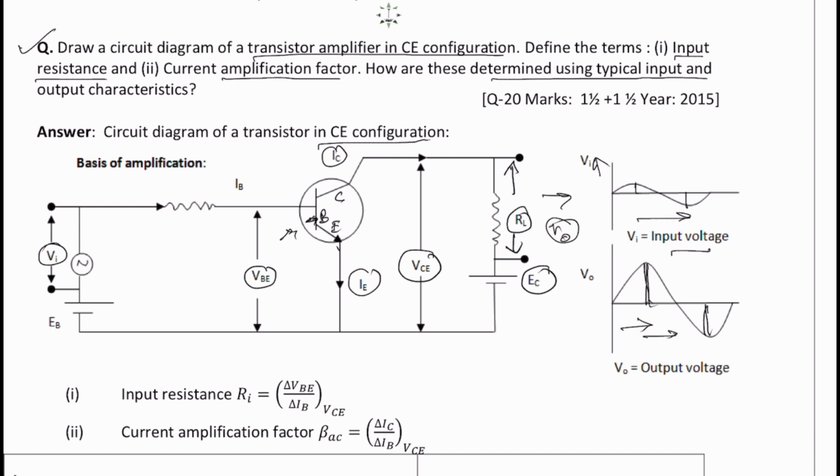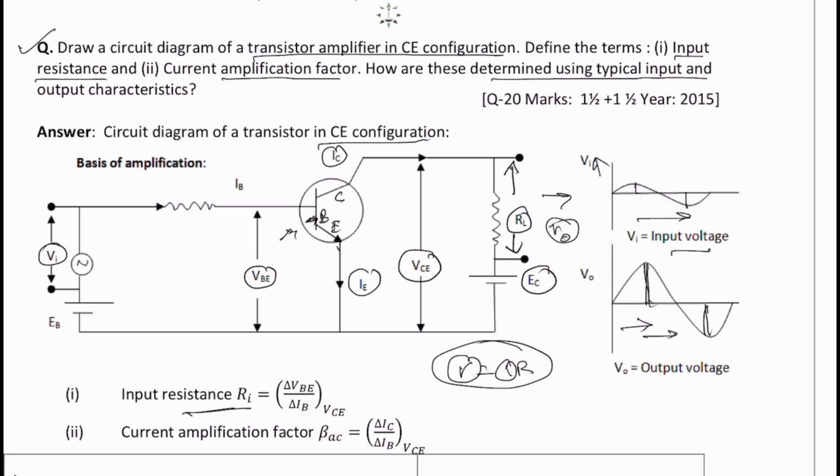Okay, so what is input resistance? Input resistance is the ratio of... resistance, V is equal to IR, so we will follow this formula. Resistance is voltage divided by current. Which voltage? The voltage applied between the base and emitter.